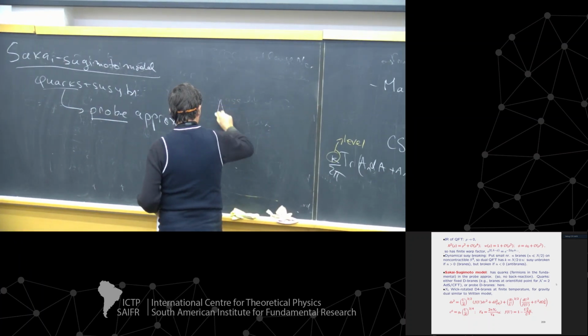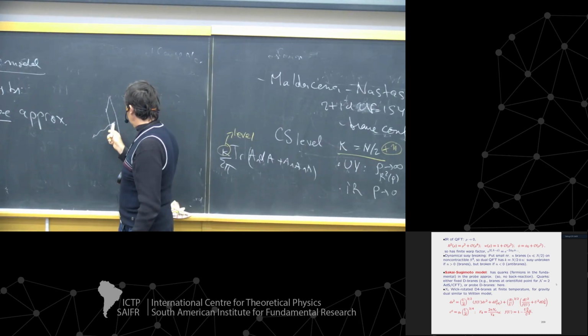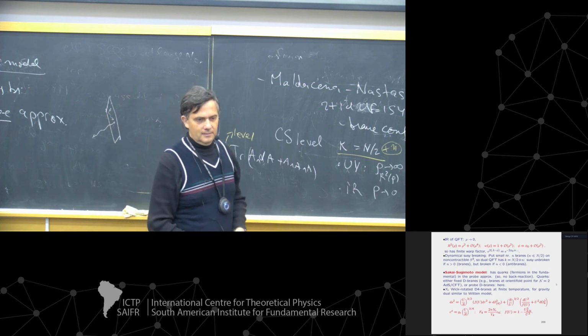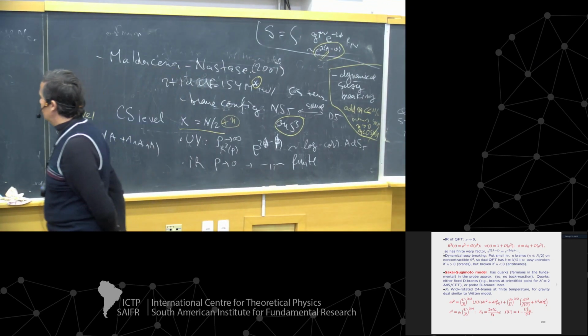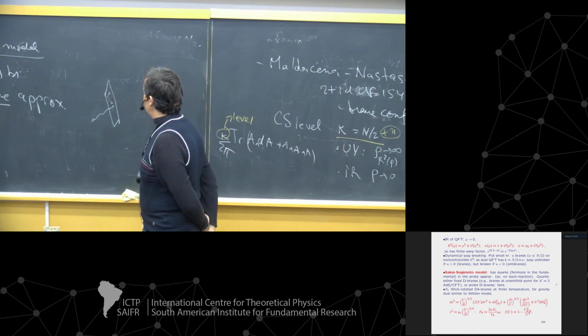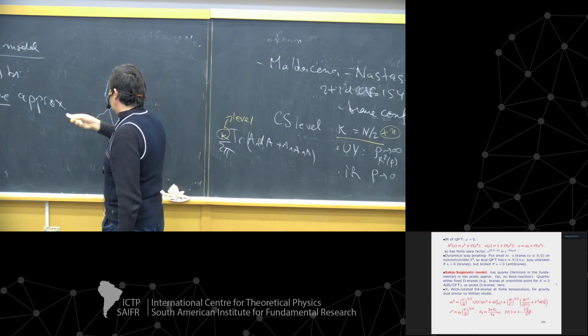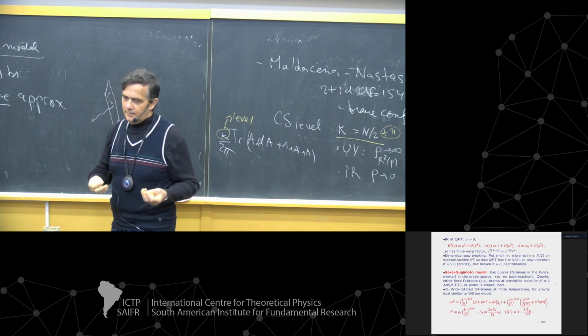So we have open strings because there are modes that either go from infinity to the brane or both open string ends are on the brane. So we have open strings, but these quarks or open strings are introduced in a way that is not dynamical.